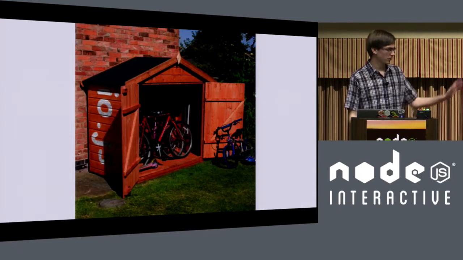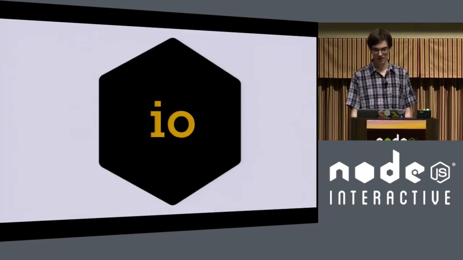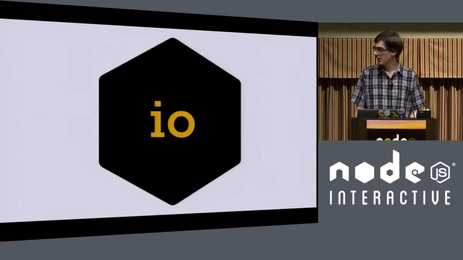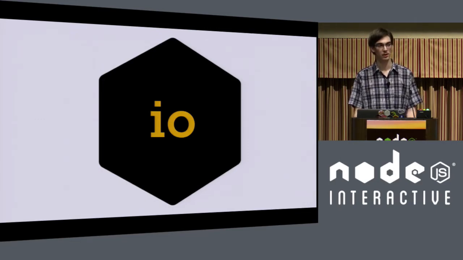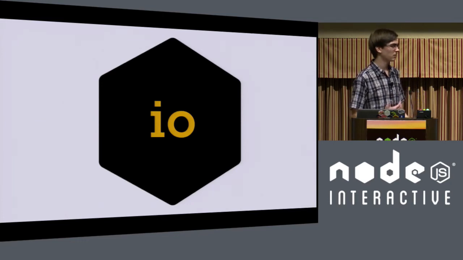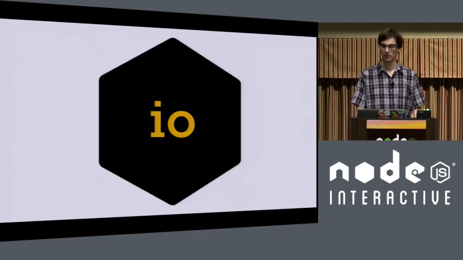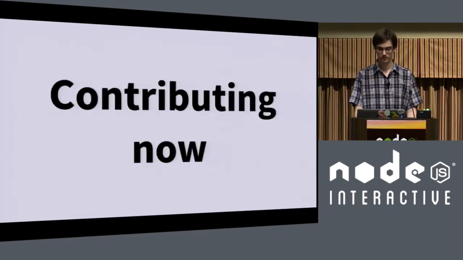Then there was a bunch of bike shedding, and we ended up with this io.js thing late last year and into earlier this year. It brought in concepts of open governance and how people can become more involved in this project and in projects in general in the Node community.